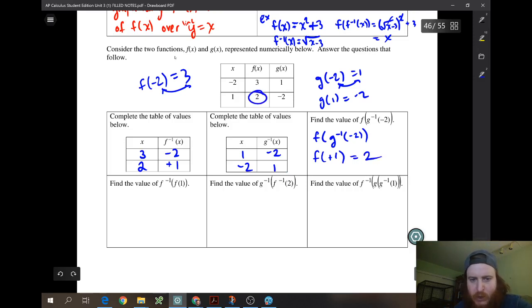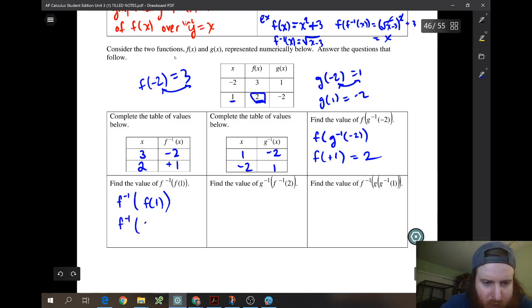I know it's a little confusing, but that's why we're practicing. What would be the inverse value of f of 1? Well, first let's do f of 1. Where's f of 1 on our graph? Again, this is the x value, so f of 1 is 2. So what is the inverse value of 2? Well, the inverse value of 2 is 1.